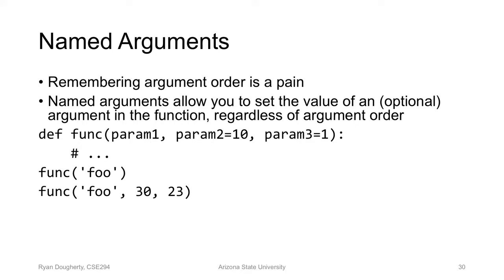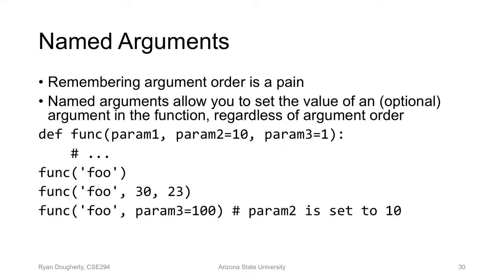There are no backwards compatibility issues. You can just call it exactly the same as before. But you can actually set a particular argument. As I said before, param2 and param3 are both optional. I don't have to include them. But if I include them, then I can set param3 equal to 100.